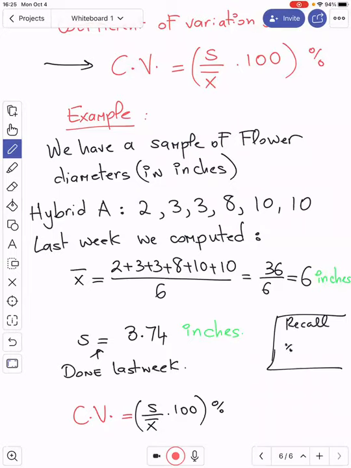So when I multiply by 100%, I didn't really change anything here. It's just the ratio between S and X bar.